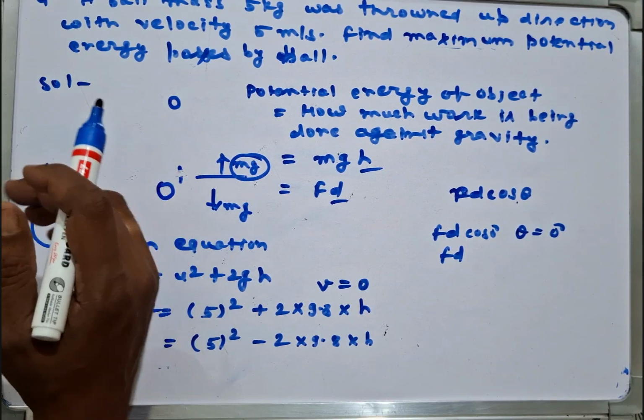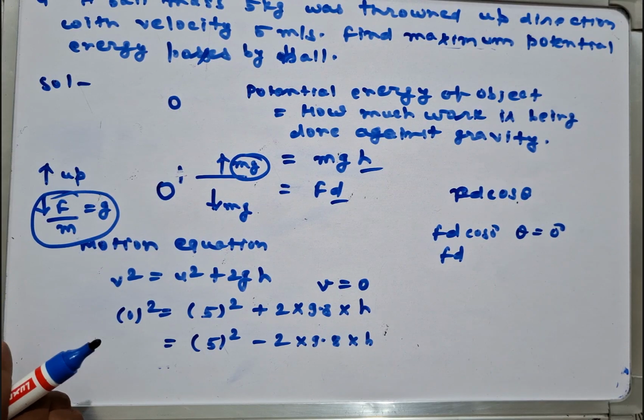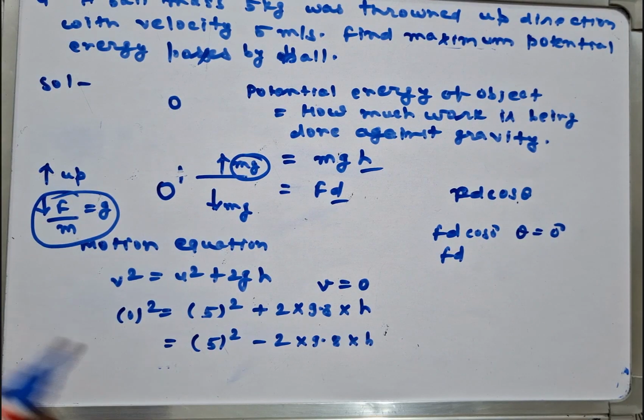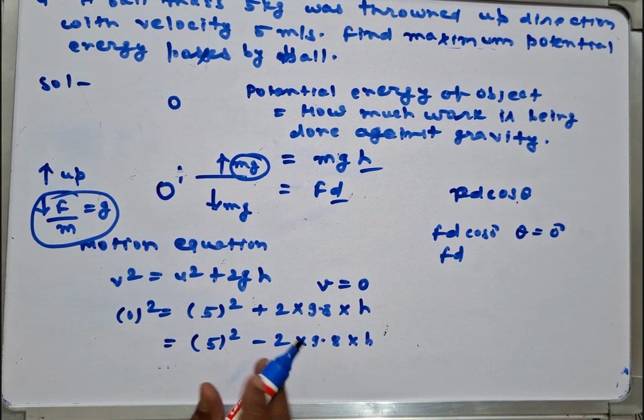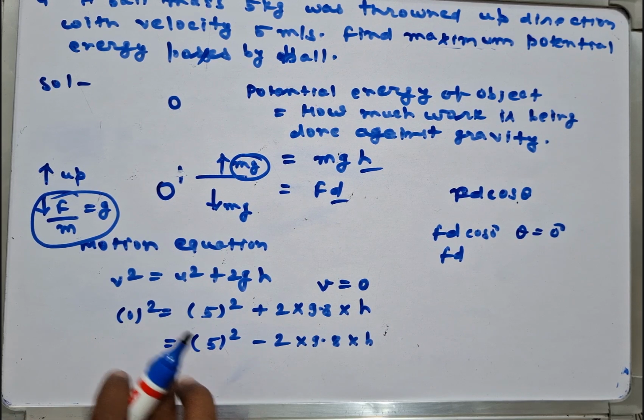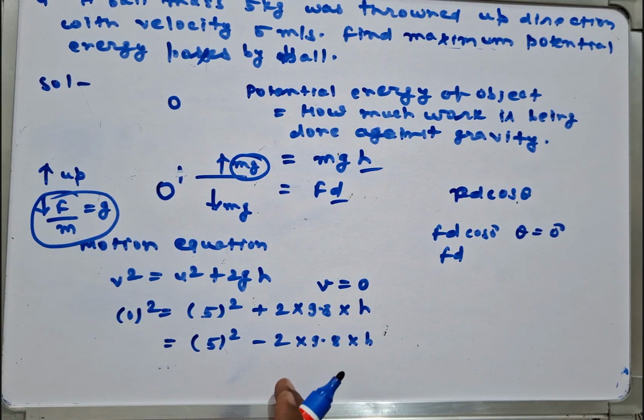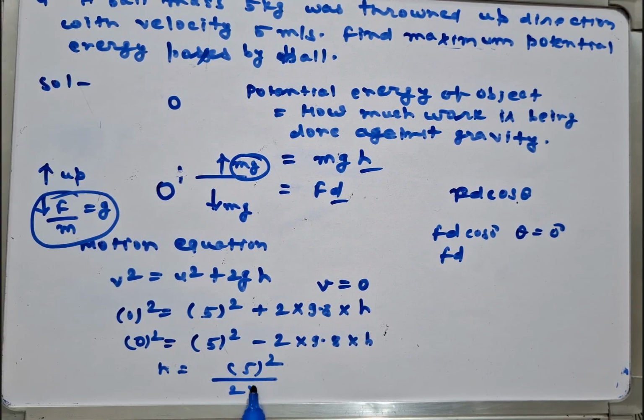You can say the force is decelerating the object. So acceleration and velocity have different directions. If we assume V in the up direction is positive, then g is negative in the down direction. So you can say h equals 5 squared over 2 into 9.8 meters. So this is the maximum height attained by the ball.